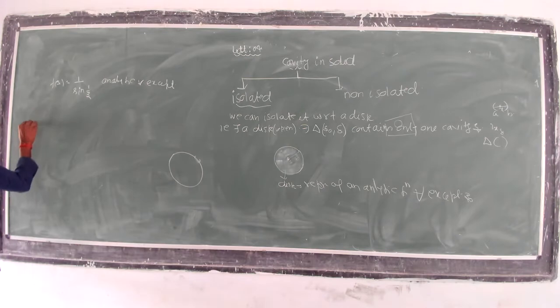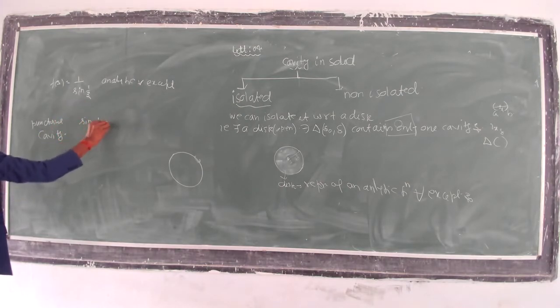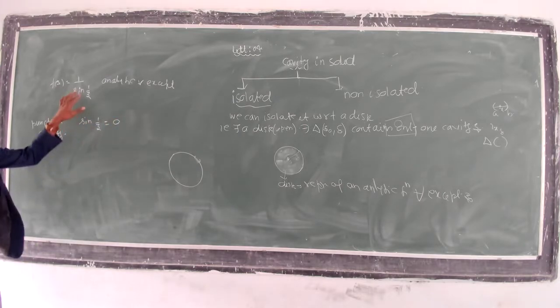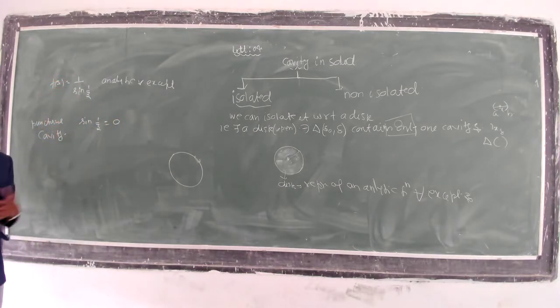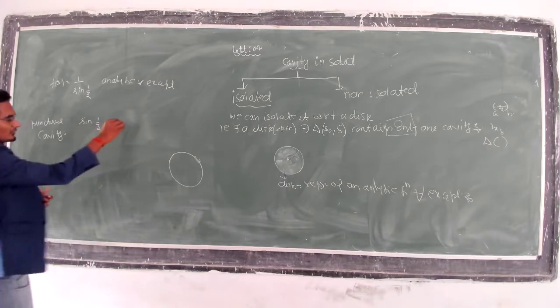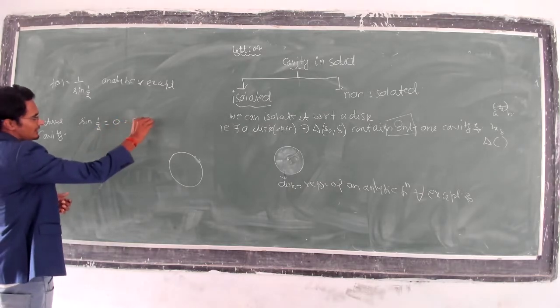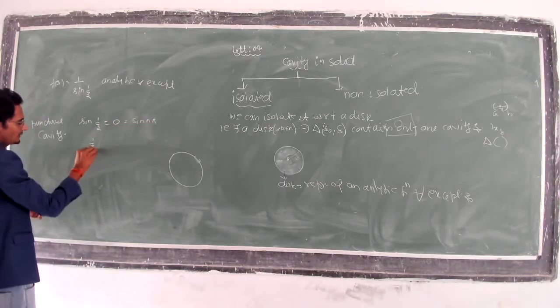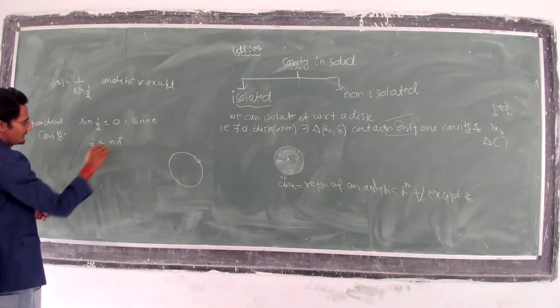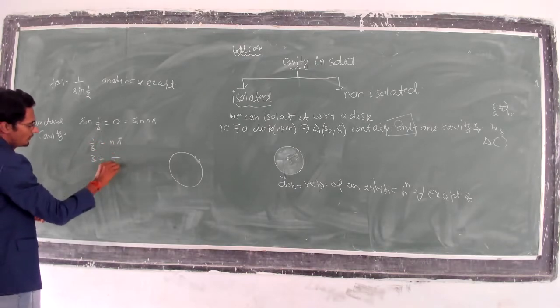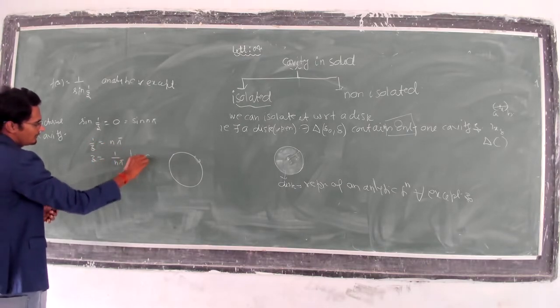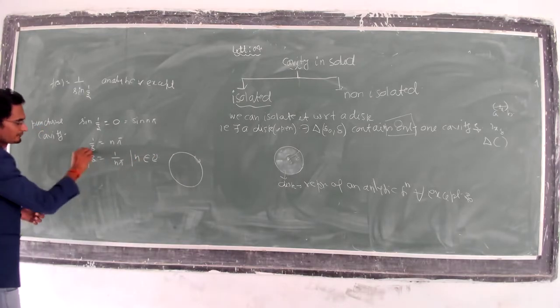So the puncture or cavity, how to calculate? Just calculate the zeros of this: sine(1/z) equal to 0. Because once it is 0, the function will be infinity. That's the problem. So what you got is sine(n pi), so 1/z is equal to n pi, so z is equal to 1/(n pi), n belonging to integers.